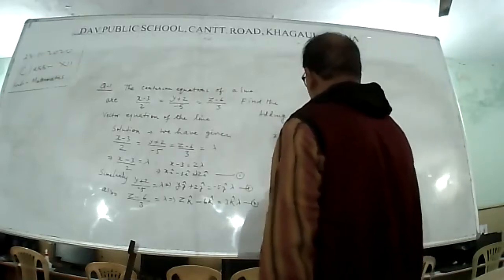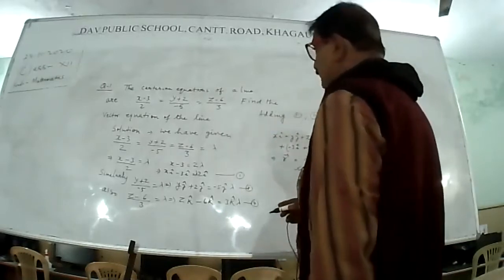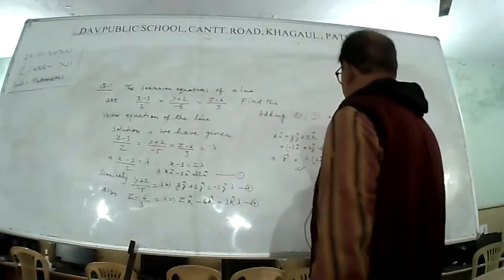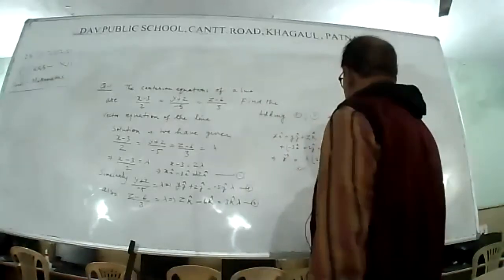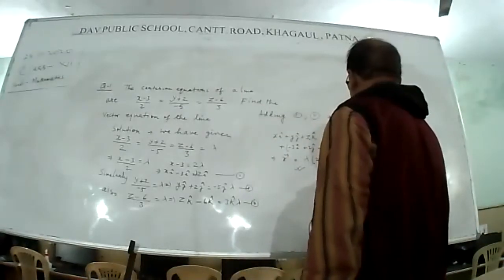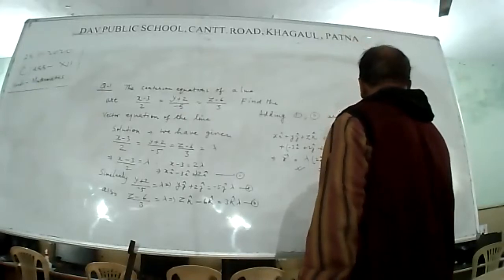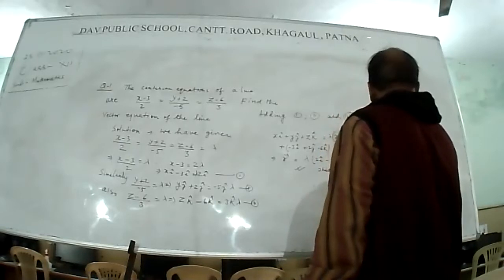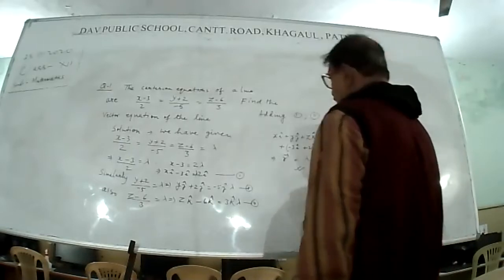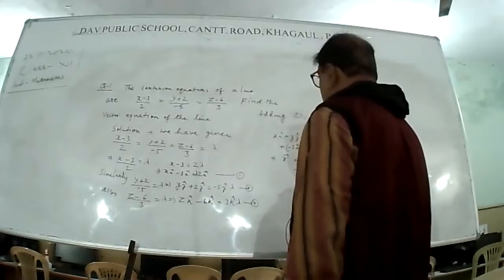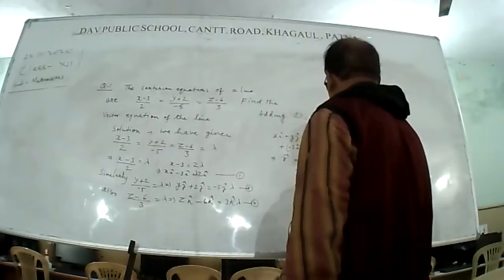So this is the required vector equation of the given line.